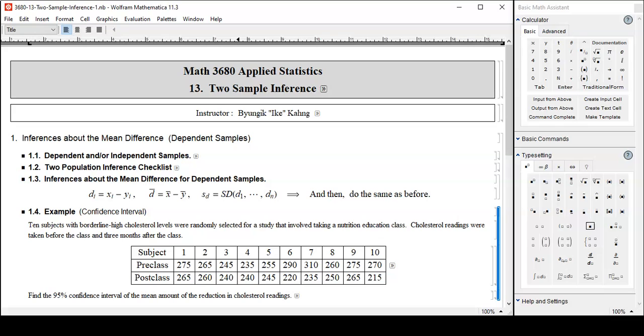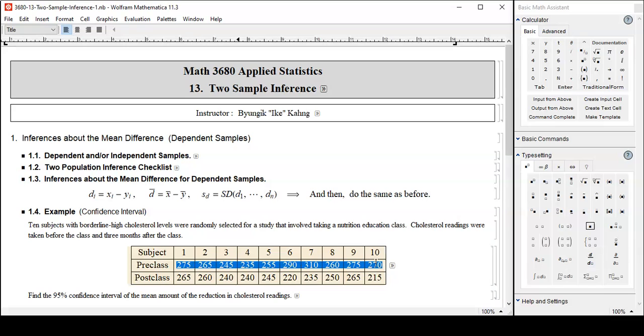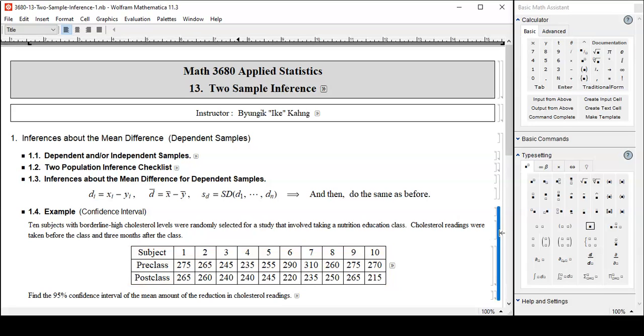So what do we have? We have 10 people with cholesterol level taken before a certain nutrition education class and after class. So we have before data here and after data here. And these are completely dependent because we're talking about the same person.